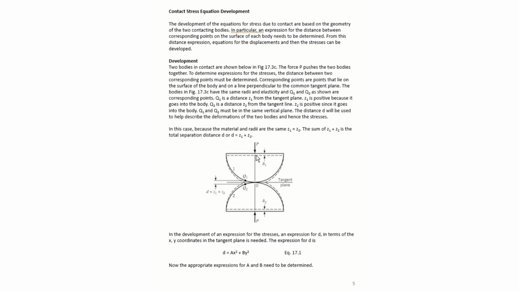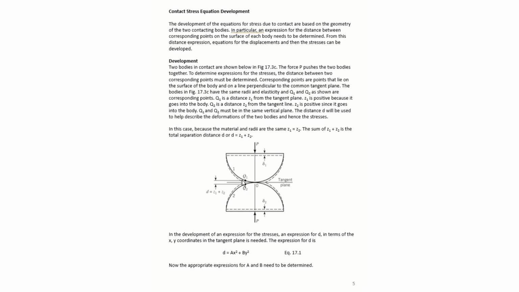And as we apply a load P, you can see where this top disc flattens out some, and we get a contact area here that grows. And Q1 and Q2 become in contact, or certainly come closer to being in contact.